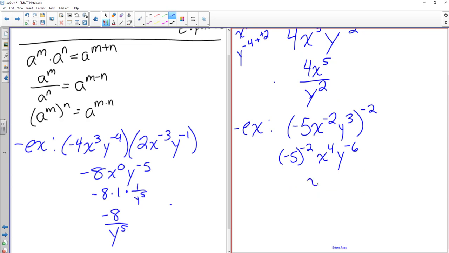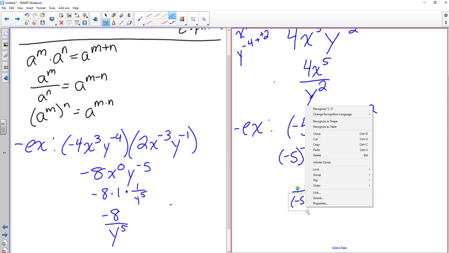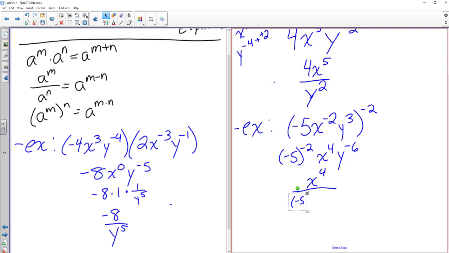So right away, I'm going to move any of my negative exponents into the denominator. So this negative 5 to the negative second, the base does not change. Oh, sorry, lost my pen. So the base doesn't change.